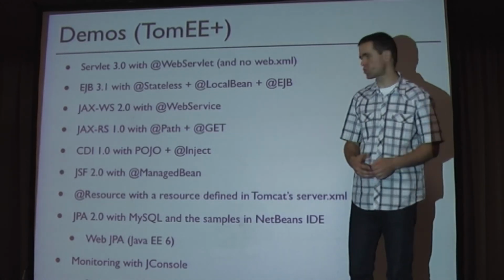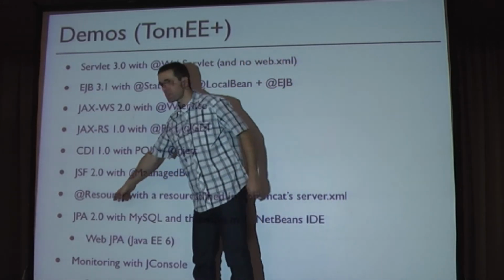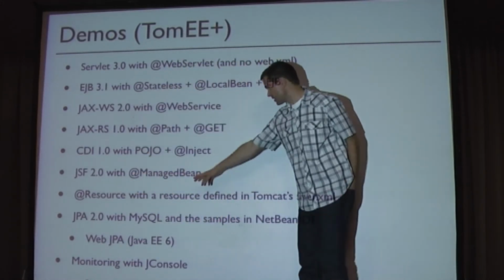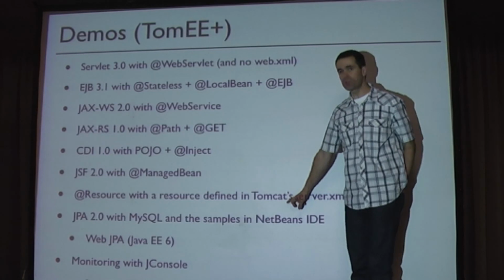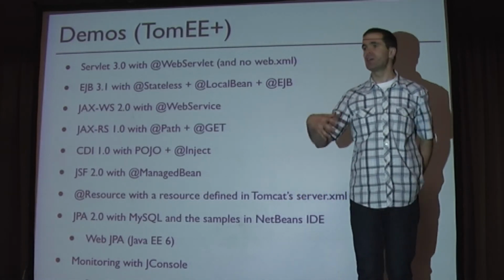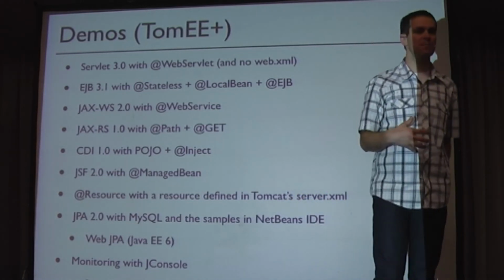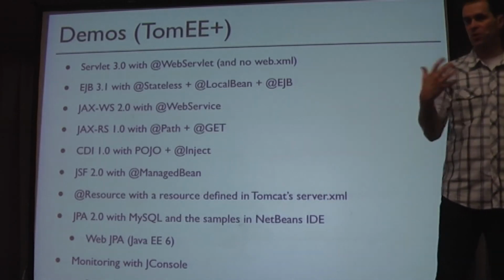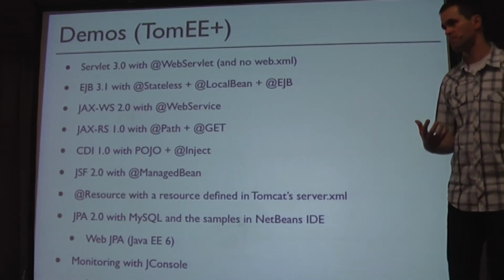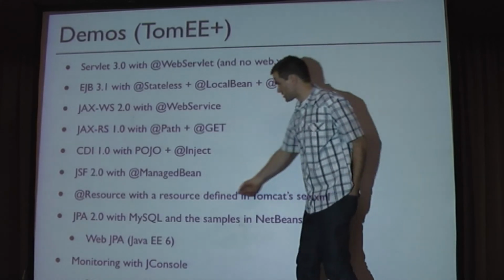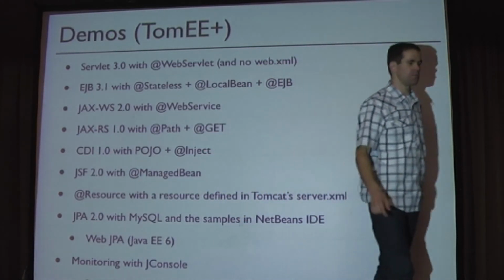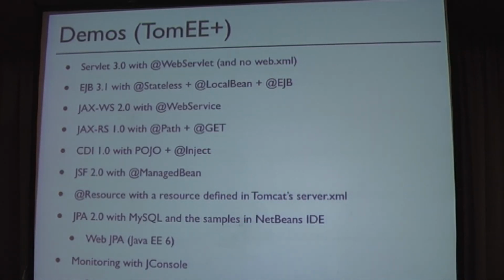That's what I meant to show you. Resource: what I needed to show is that this resource would add a resource defined in server.xml, a configuration file managed by Tomcat. And there were some examples with JPA too, but they were boring.